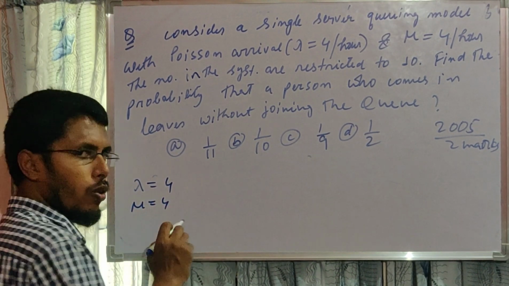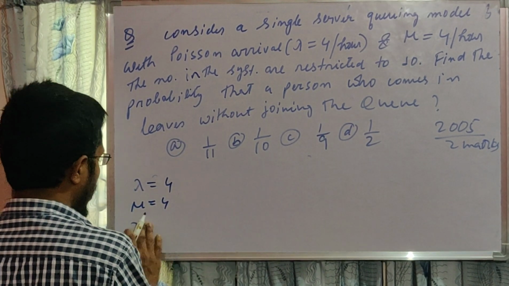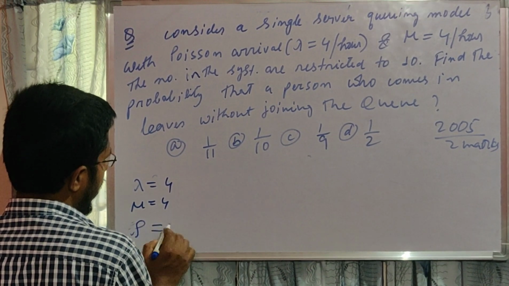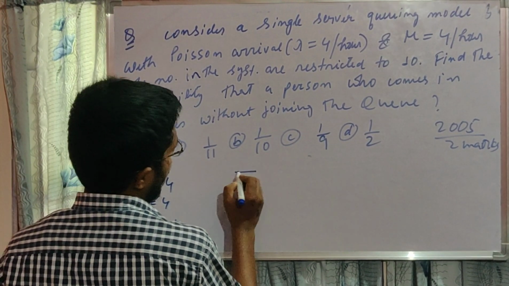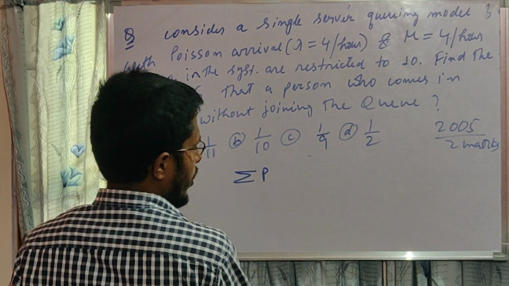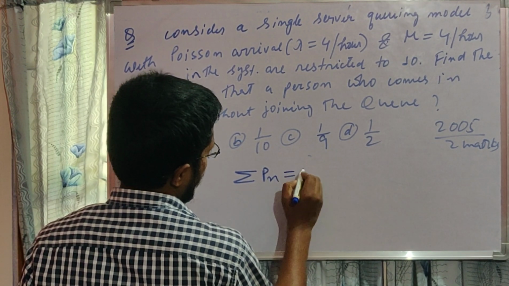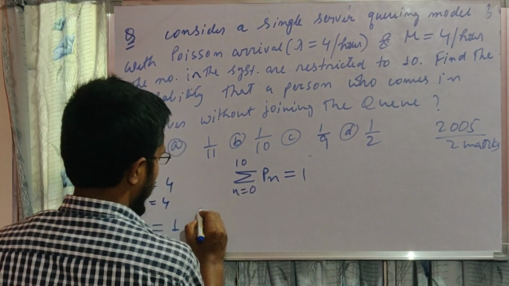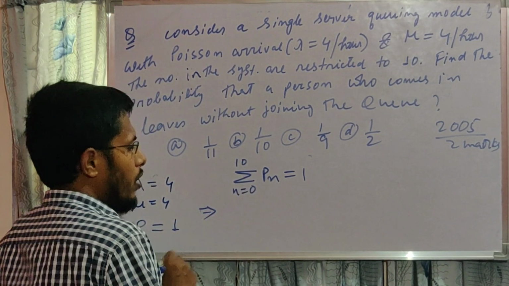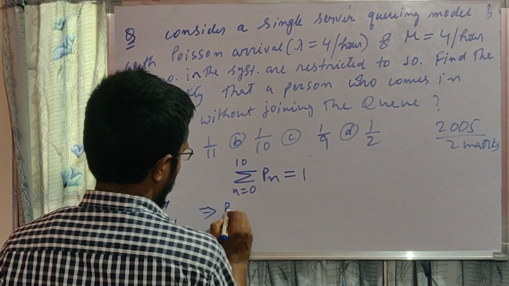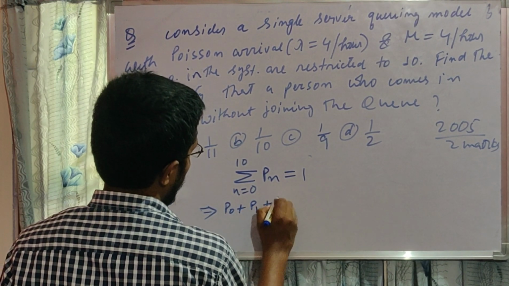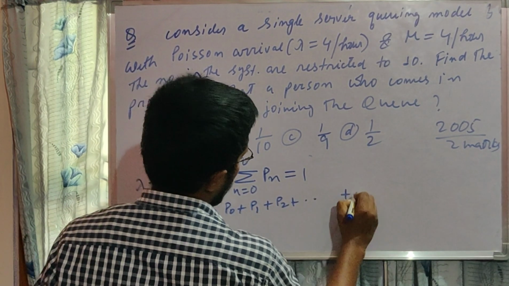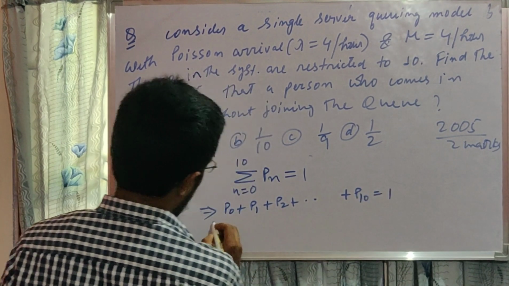Rho is equal to lambda upon mu, equal to 1. Now we know that the summation of all probabilities is equal to 1. N is from 0 to 10 because 10 persons are allowed. So P0 plus P1 plus P2 up to P10 is equal to 1.